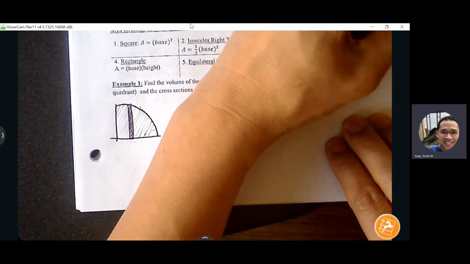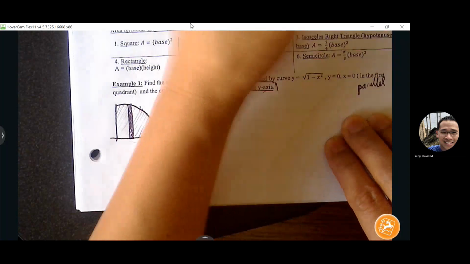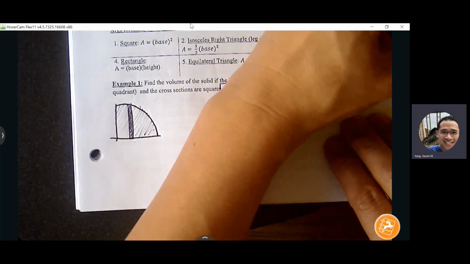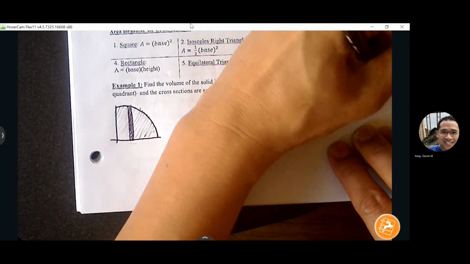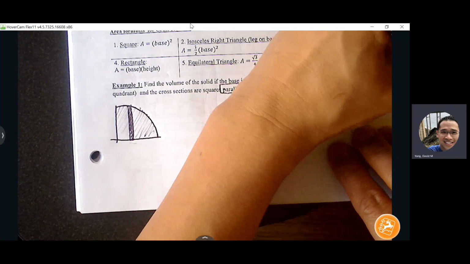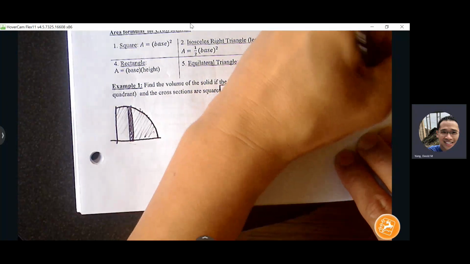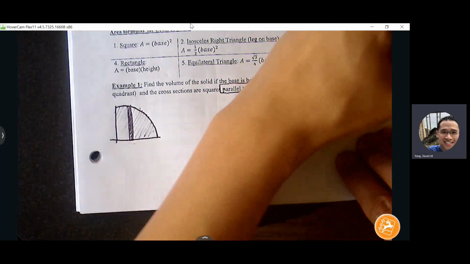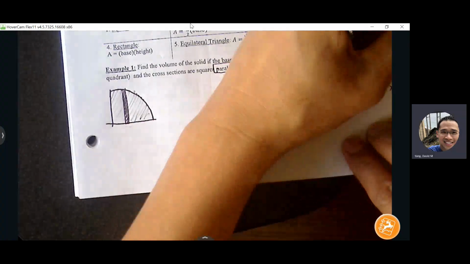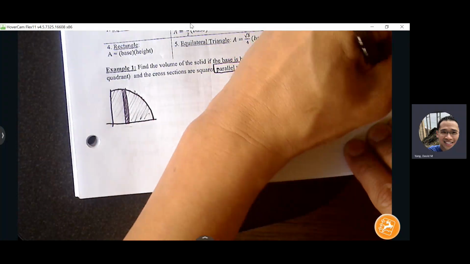So you can have parallel to the x-axis. You can have parallel to the y-axis. You can have perpendicular to the x-axis, you can have perpendicular to the y-axis.